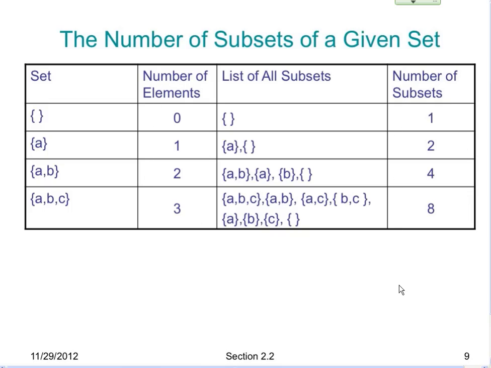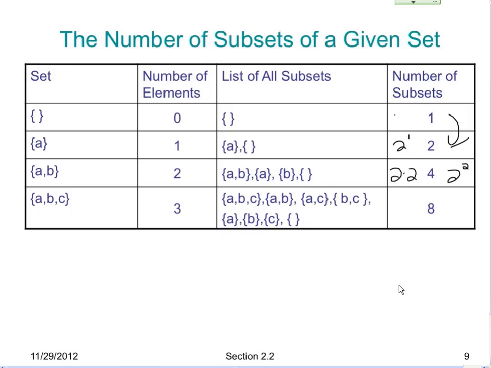So let's take a look here at the number of subsets. We started out with 1, then we went to 2, then we went to 4, then we went to 8. Well, if you notice, each time we went down, we doubled, or we multiplied by 2. So this was 2 to the first power, but if I multiply by another 2, that's 2 to the second power.